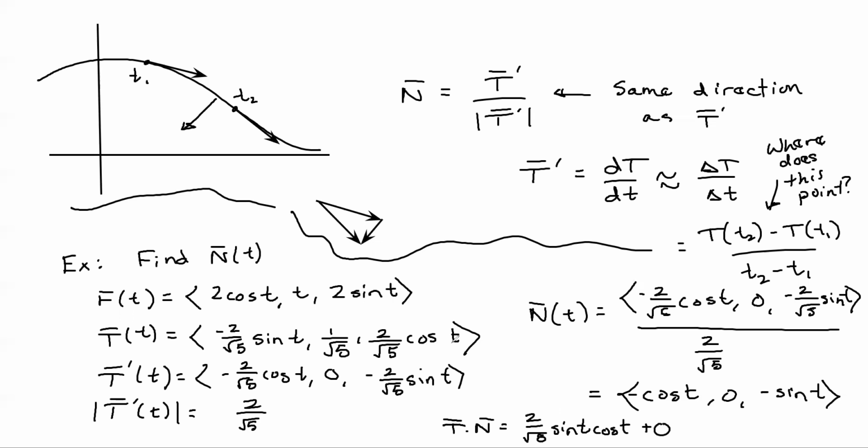And then 2 over root 5 cosine t times negative sine t gives negative 2 over root 5 sine t cosine t. If you combine them, sure enough, we do get 0. And so the calculation worked. It produced a vector that was orthogonal to the unit tangent, which is what the unit normal is. Okay, thank you very much for watching.